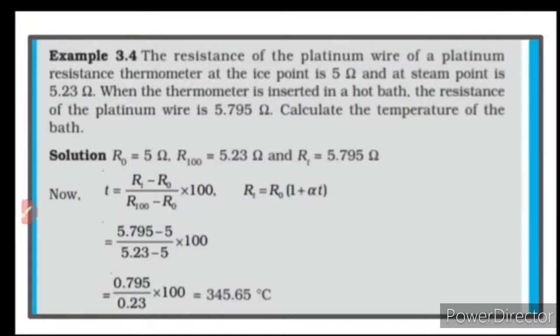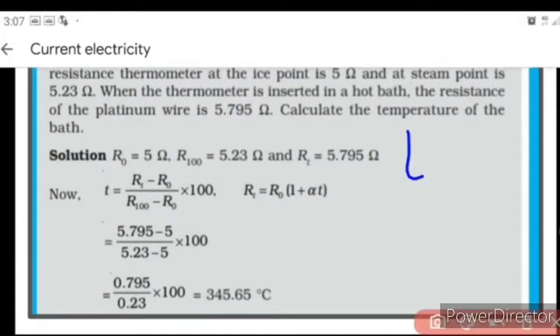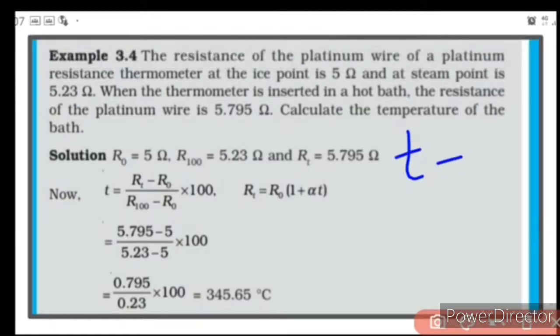That is what is shown here. And that alpha is substituted in which equation? In this equation, RT equal to R0 into 1 plus alpha t. Small letter t stands for T minus T0, because the unknown temperature we took as small letter t, T minus 0.